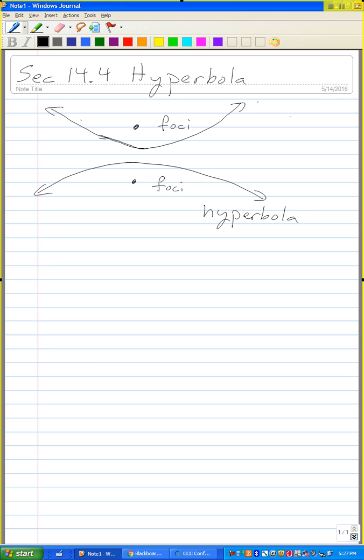So if I take a line passing through these two foci, that is called the real axis or the focal axis. If I take the midpoint between the two foci, that's called the center.